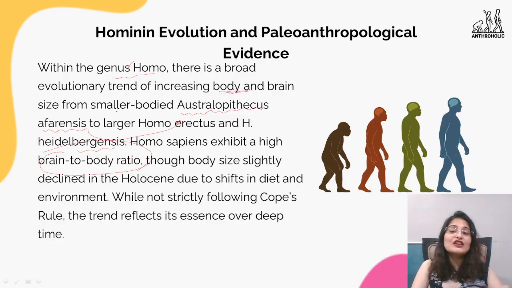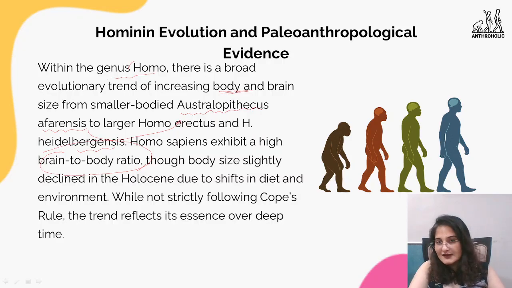So evolution in humans also, if we see, was following the same trend, not exactly following the Cope's rule, but it tends to give an essence that with time the survival of humans was also in the same direction.